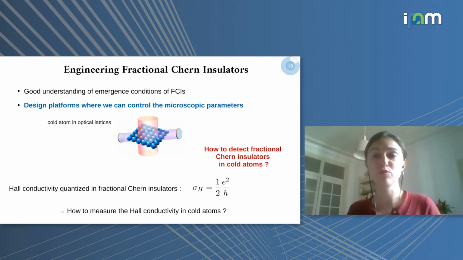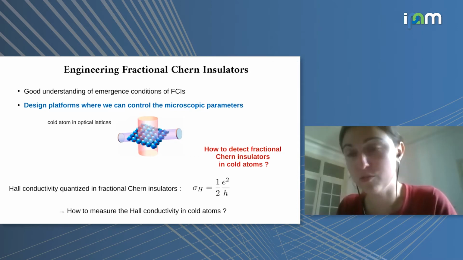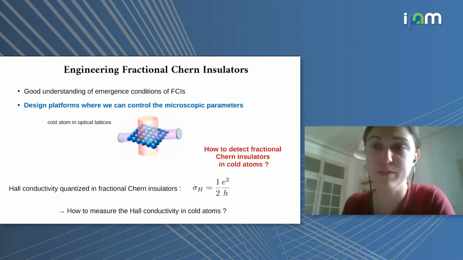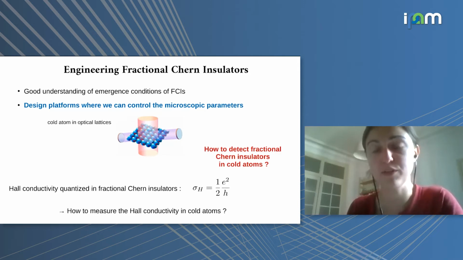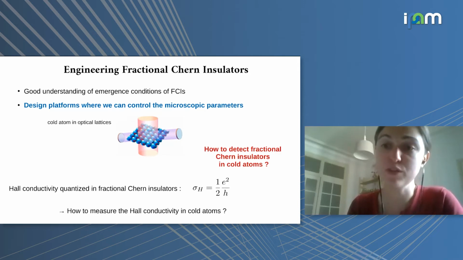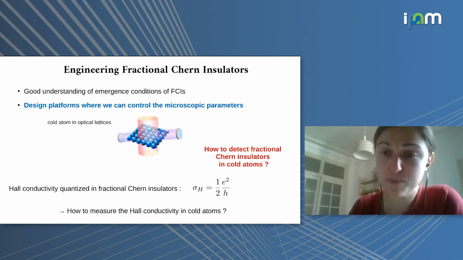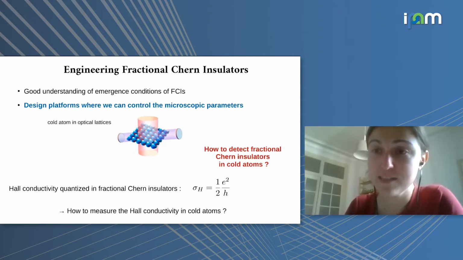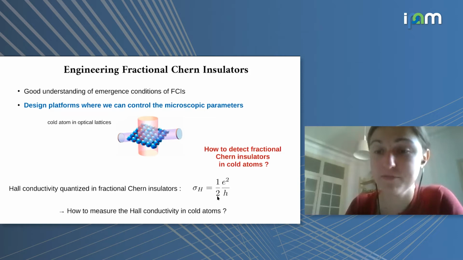The most natural observable to measure, or to calculate for a numerical work such as mine, is the Hall conductivity, because in fractional Chern insulators, similarly to the fractional quantum Hall effect, the Hall conductivity is quantized to a fraction times e squared over h, the quantum of conductance. More specifically here, I'll be interested in phases that satisfy a Hall conductivity of 1/2 times e squared over h.